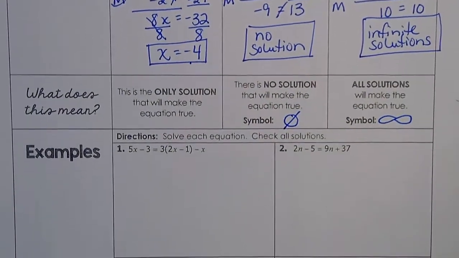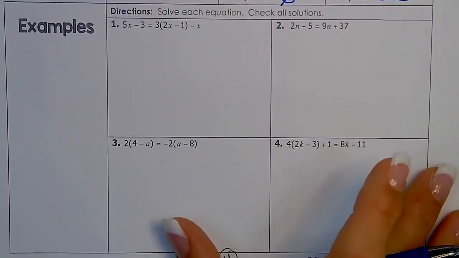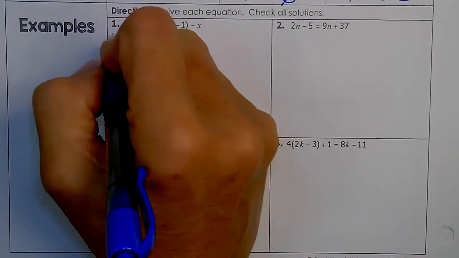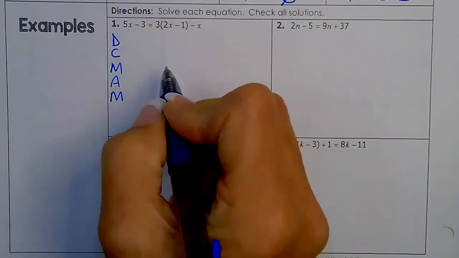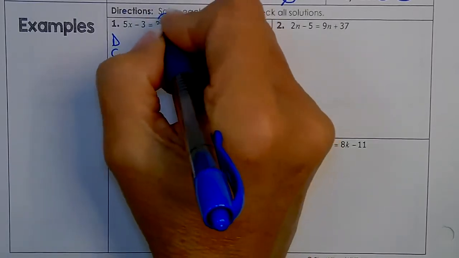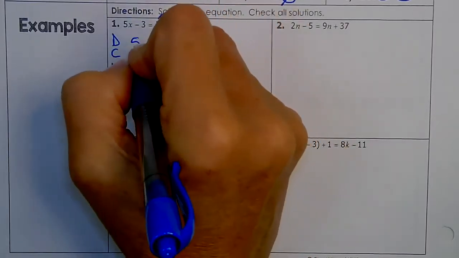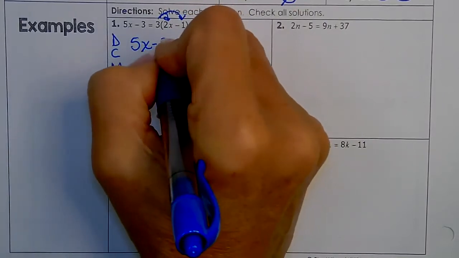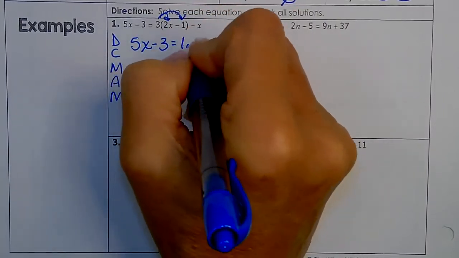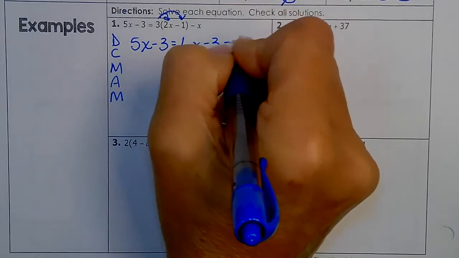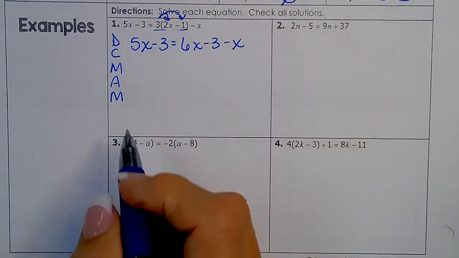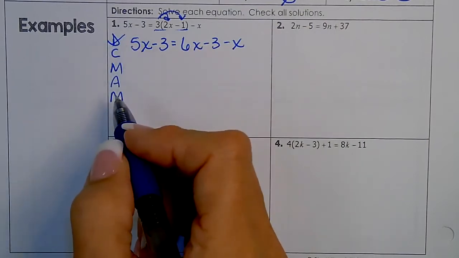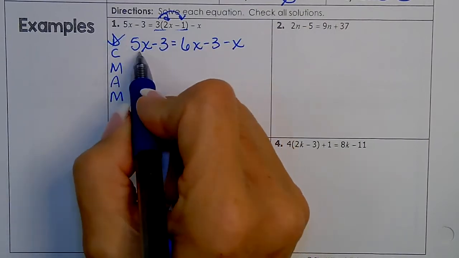All right, let's go through and do some more examples together. So again, I'm going to do my checklist. I see I need to distribute. Okay, so that's all I've done is take care of that. Now I'm going to see if I need to combine anything.